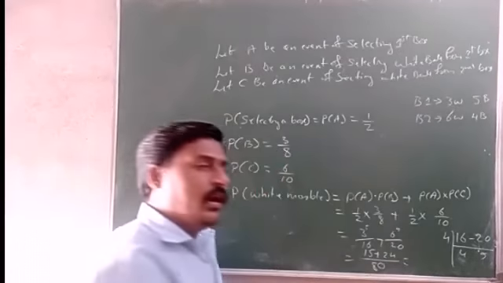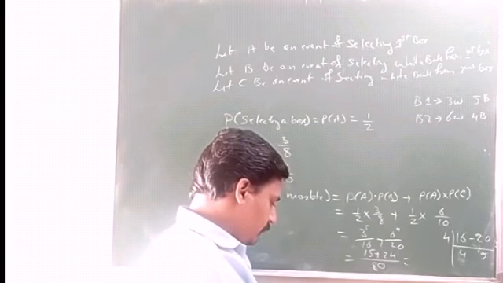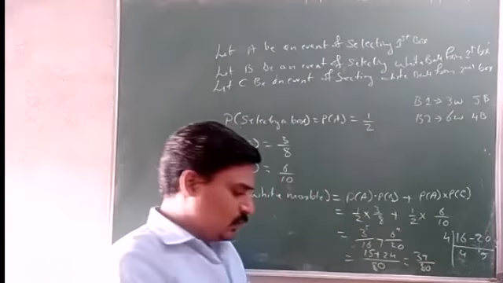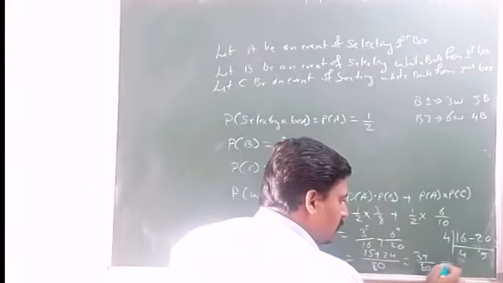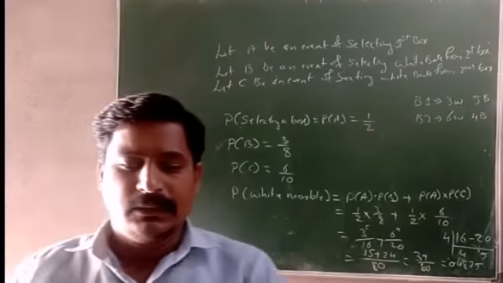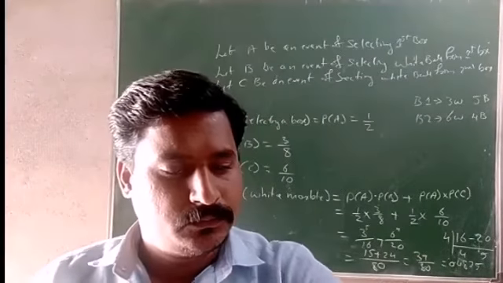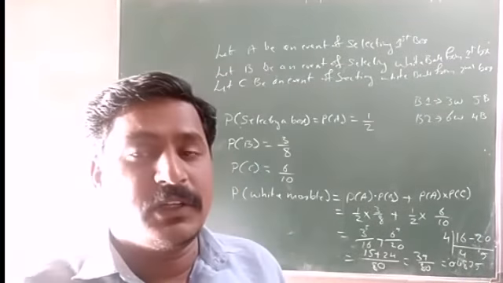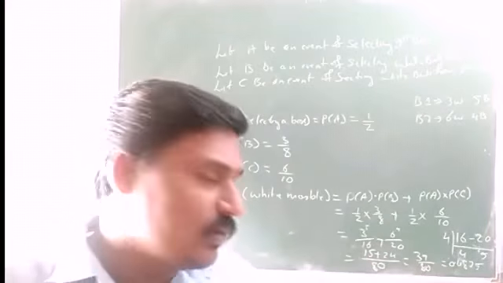So the probability of selecting a white ball is 15 plus 24, that is 39 divided by 80. So 39 divided by 80 is equal to 0.4875. So selecting a white marble either from the first box or the second box is 39 by 80, or 0.4875.